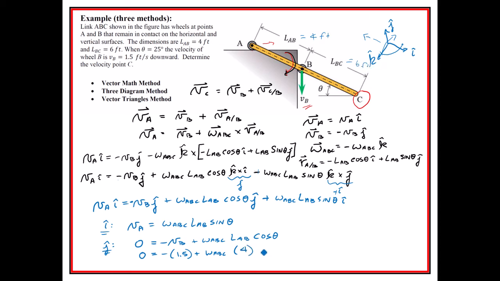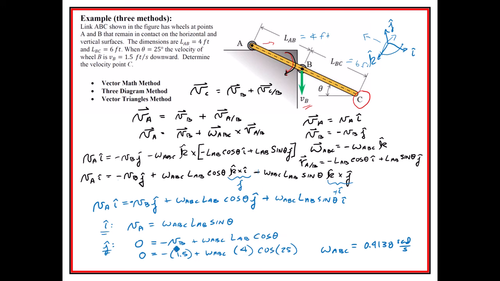And that times the cosine of 25 degrees. We plug those numbers in and we're able to find omega ABC is going to be 0.4138 radians per second. Okay, that's all well and good.